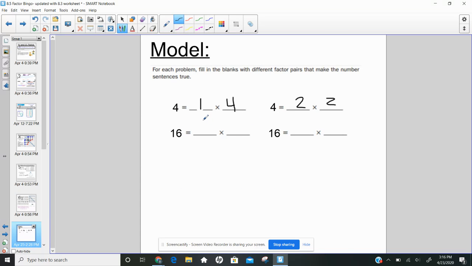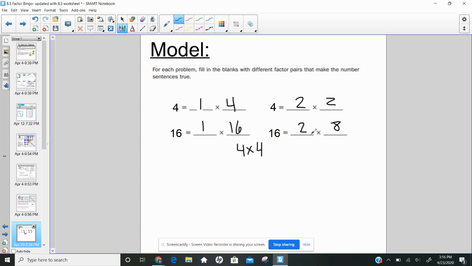All right, let's try 16. Again, I can always do 1 times the number, 1 times 16. But I also know some others here. 16 is an even number, so I know it's times 2, and I know from my fact power that 2 times 8 is 16. But there's even a third: 4 times 4 equals 16.